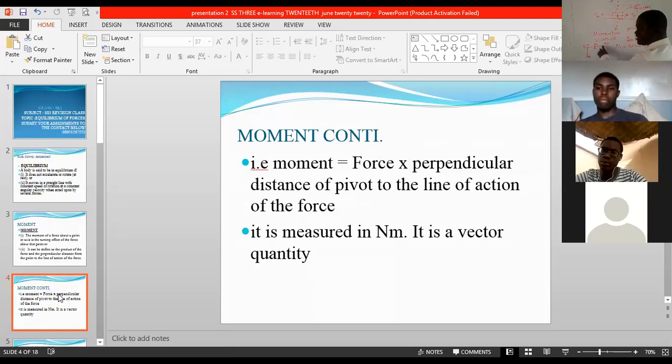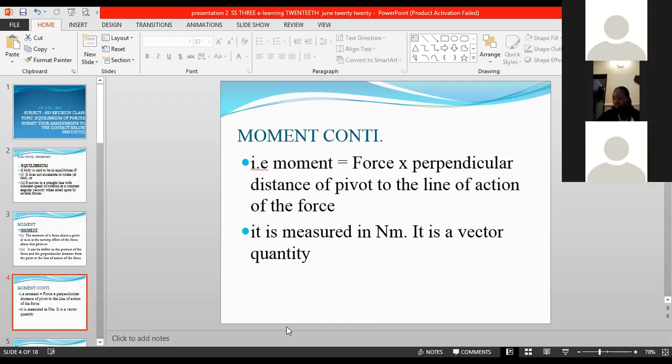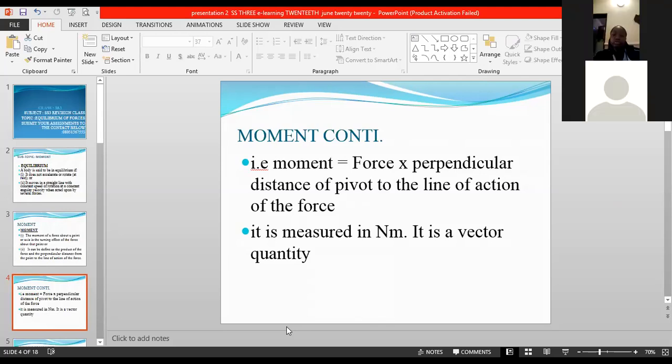The center of a meter rule is what? Michelia, what is the center of a meter rule? What is the center of gravity of a meter rule? Is Michelia there? Michelia, Fee, please on your videos. On your videos.